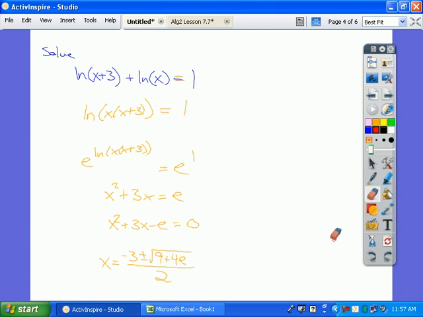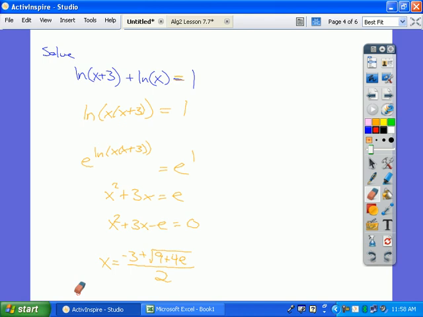But I know that the domain of a logarithm says this number's got to be greater than 0, so I can't put in a negative number there. So I can come back to my quadratic formula, and I can simply get rid of that. Because if I leave that there, I'm going to get a negative number. I can't have a negative number because it's not in the domain of a logarithm.